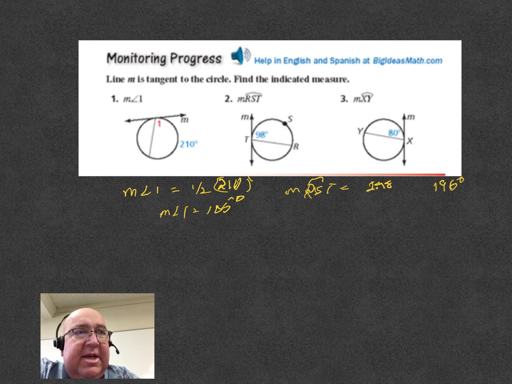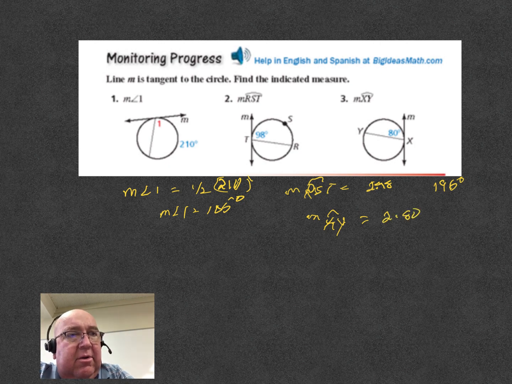And we know that the measure of arc XY is going to be 2 times 80, or 160 degrees.